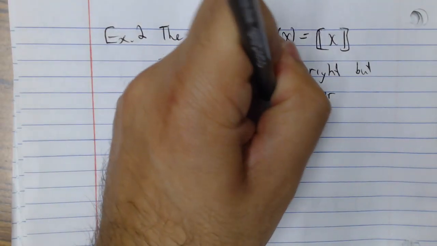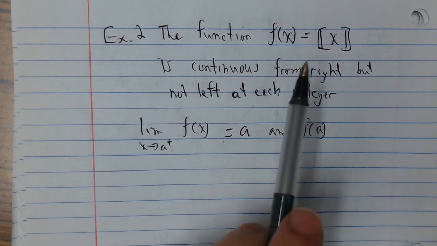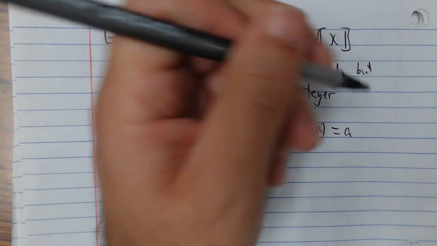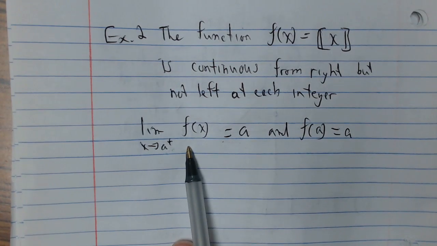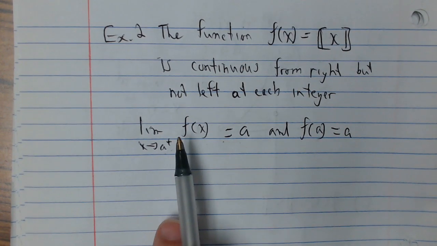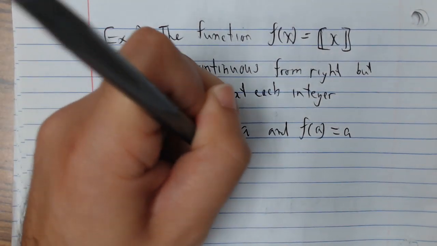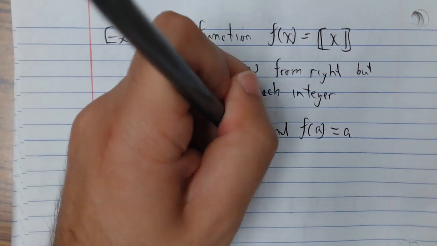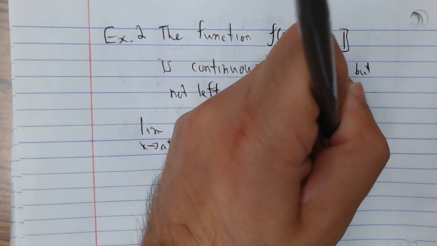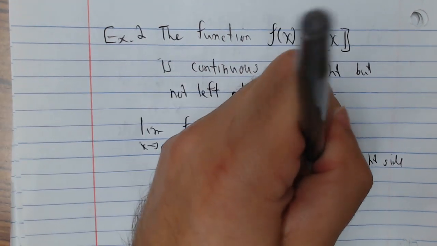And if you plug in a, for example, if I plug in 2, the greatest integer less than or equal to 2 is 2 itself. So the right-side limit exists, which is a, and at a, it's a. Since the limit as x approaches a from the right side of f of x equals f of a, this is continuous from the right side of a.